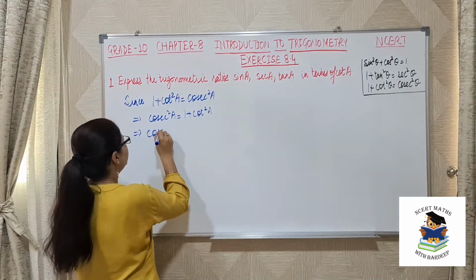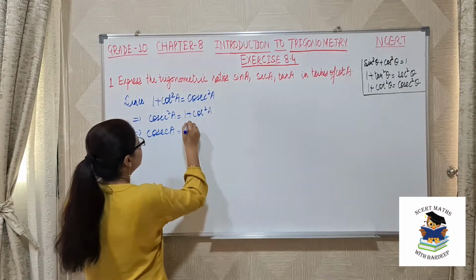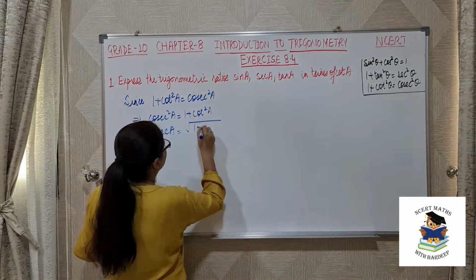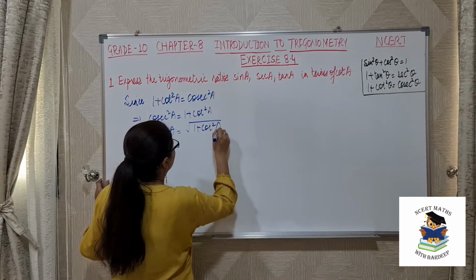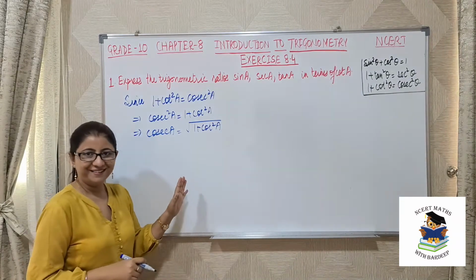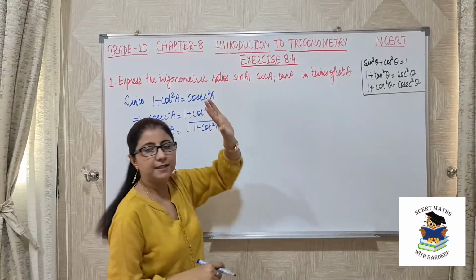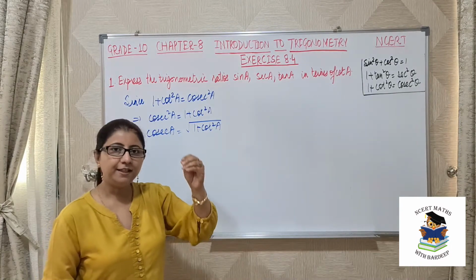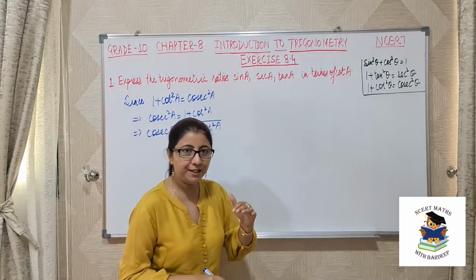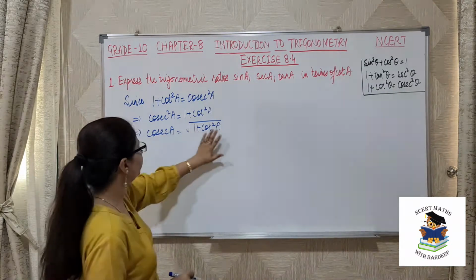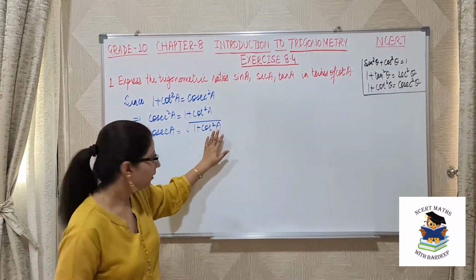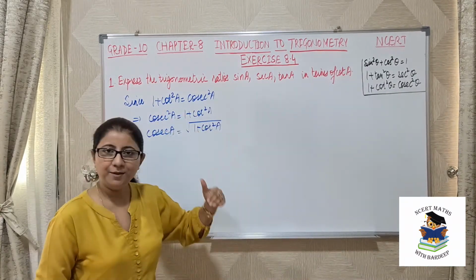I have just interchanged the sides. So what is cosecant A? This is square root of 1 plus cot square A, right? Now why have I taken this? Because I need sine A. And what is sine A? This is the reciprocal of cosecant A. So since cosecant A can be represented in the form of cot A, we can write sine A the same way.